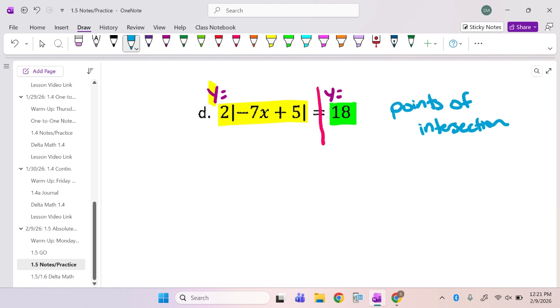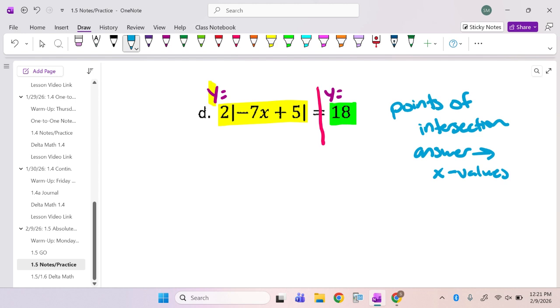What's the only part of that point that we care about? Do we want the x or do we want the y? Nope. X. So our answer is the x values of those points of intersection. The way you can remember that is, what do we always solve for when we solve an equation? We always solve for x.